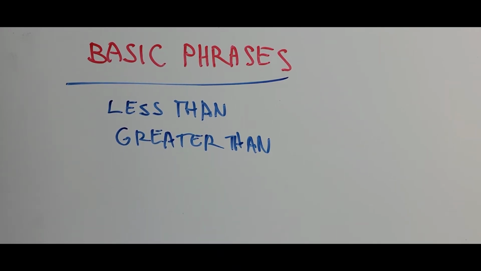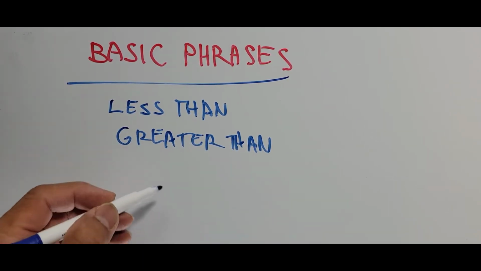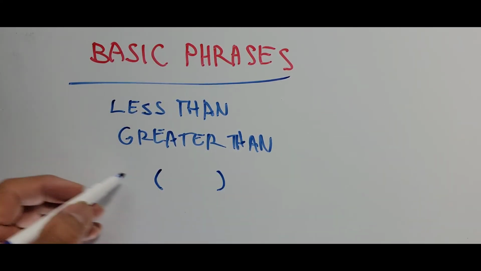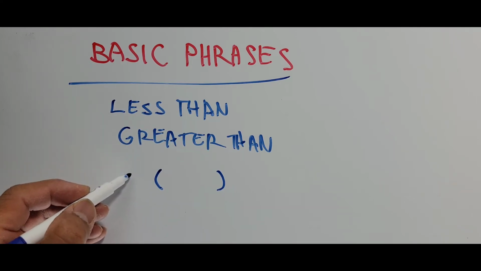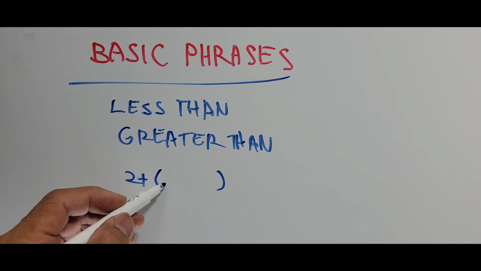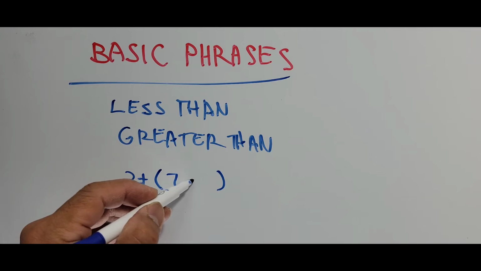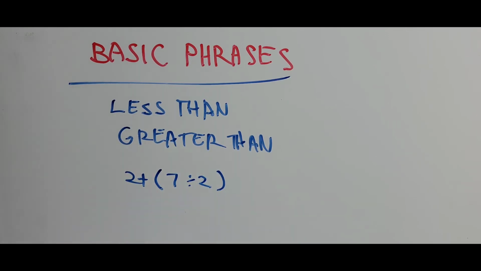And in some cases, when you see parentheses, let's say you're subtracting or multiplying numerical values, like 2 plus 7 divided by 2, or 2 times 7 plus 2, you see that the parentheses signal you have to do the operation in the parentheses first.